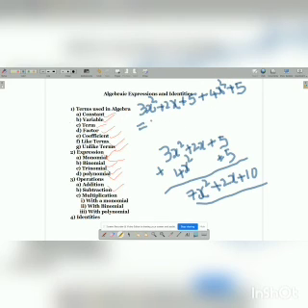So 3x square plus 4x square. Next plus the x term, so 2x. No x here, another x here. Now the constant terms, 5 plus 5.